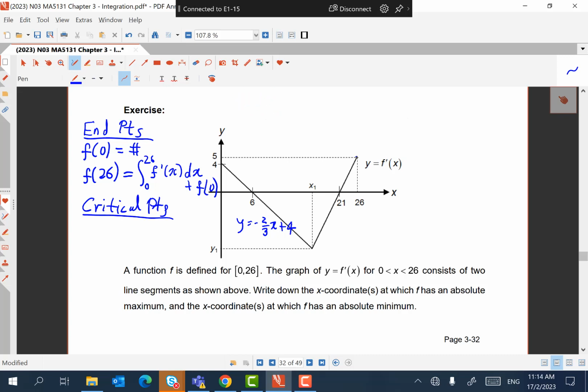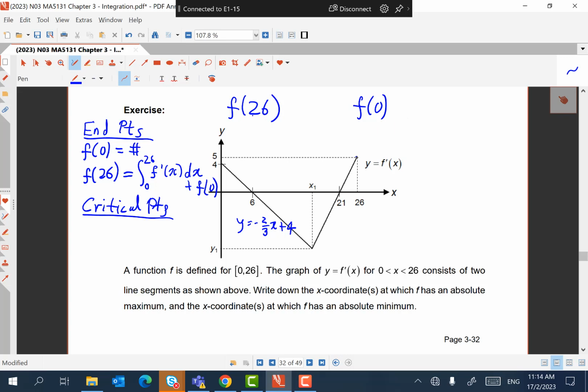Hao Wen, why is it not? It's actually the other way around, because it's got much more negative area compared to the positive area. So therefore f26 is actually smaller than f0.